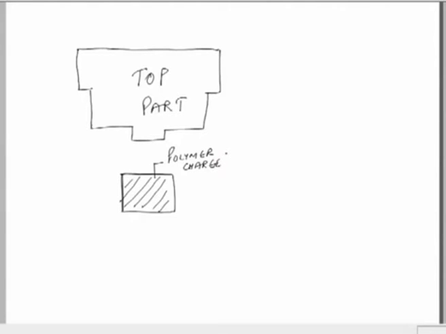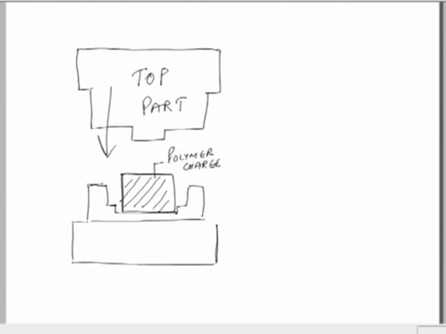So we have a top plate or a top part of the mold, we have a polymer charge, and then we can have a bottom part also. So we have a bottom part which is placed on the table. The top part would move down and we have a bottom part.